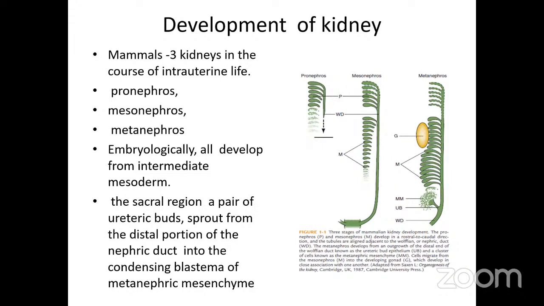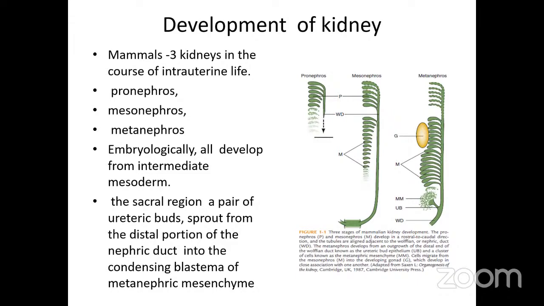In the sacral region, a pair of ureteric buds sprout from the distal portion of the nephric duct, or mesonephric duct, or Wolffian duct, into the condensing blastema of the metanephric mesenchyme, which you can see in the adjacent picture: pronephros, mesonephros, and metanephros. The mesonephros is usually in close association with the gonads. And in the distal sacral portion of the mesonephric duct, you can see the sprouting of the ureteric bud into the condensing metanephric mesenchyme.